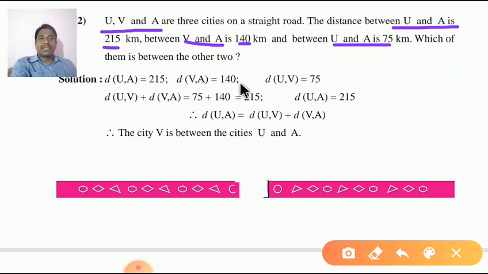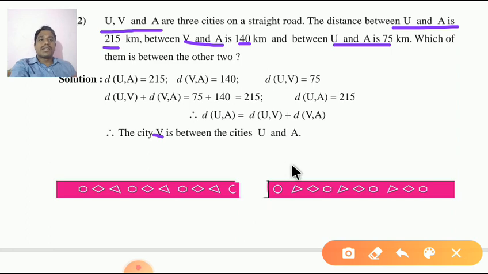We add the smaller numbers 140 and 75, that means distance VA and distance UV. Now here, distance UV and distance VA, that means 75 plus 140 is equal to 215. Hence distance UA is also 215. Both are the same. Hence the 3 points are on the same line and the end points are U and A, therefore the remaining point is V. That means city V is between the cities U and A.